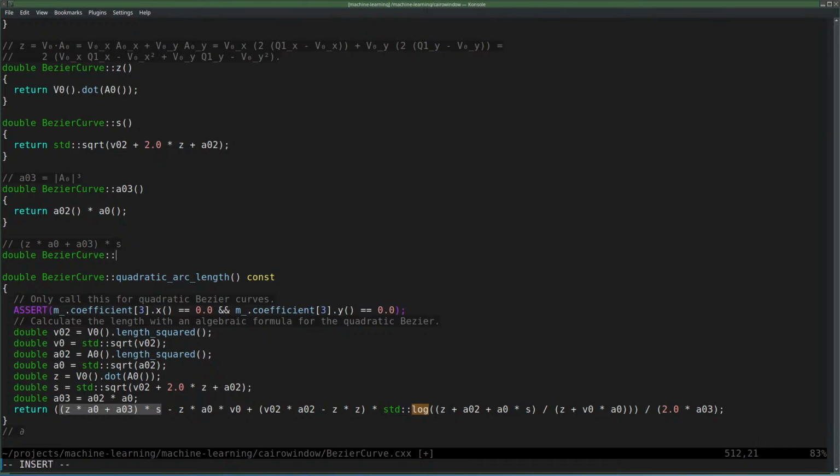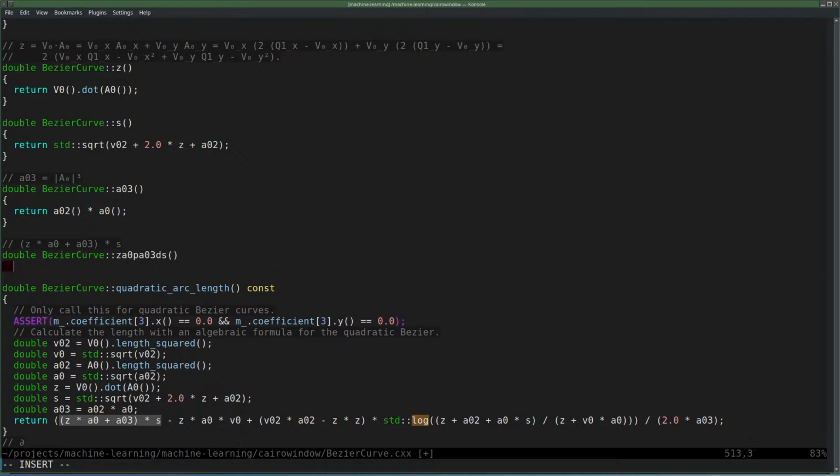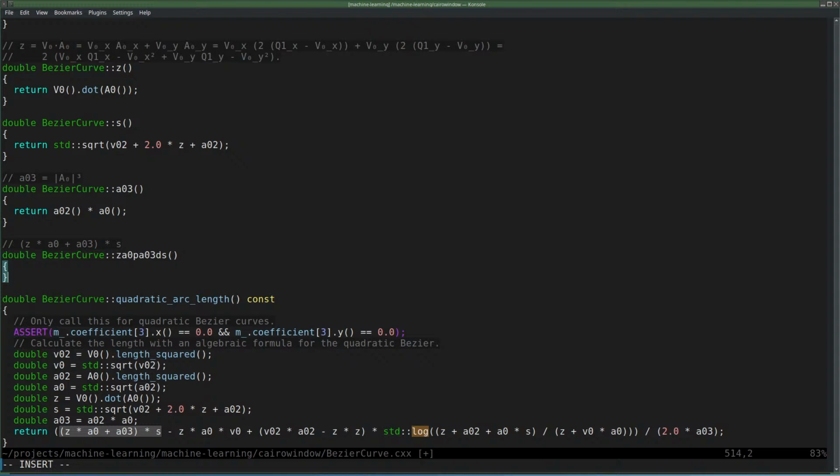But hey, I have an idea. ZA0 plus A03 divided by S. Looks like a good function name to me. Zap.